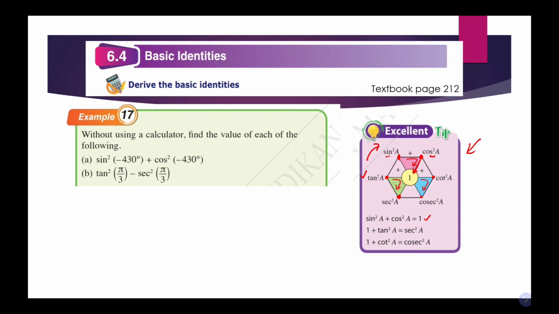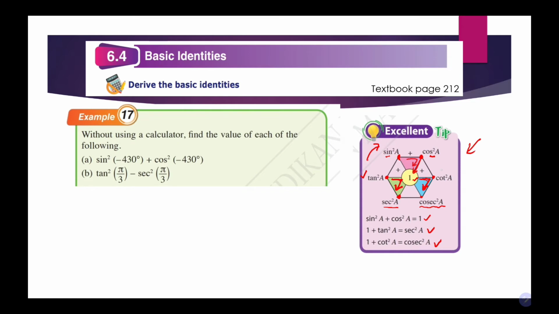We start with 1, going this way: 1 plus cotangent square A, I will get cosecant square A. Then jump to another triangle, the green triangle with tangent square A, going the same direction: tangent square A plus 1 will get secant square A. So these are the trigonometric identities.